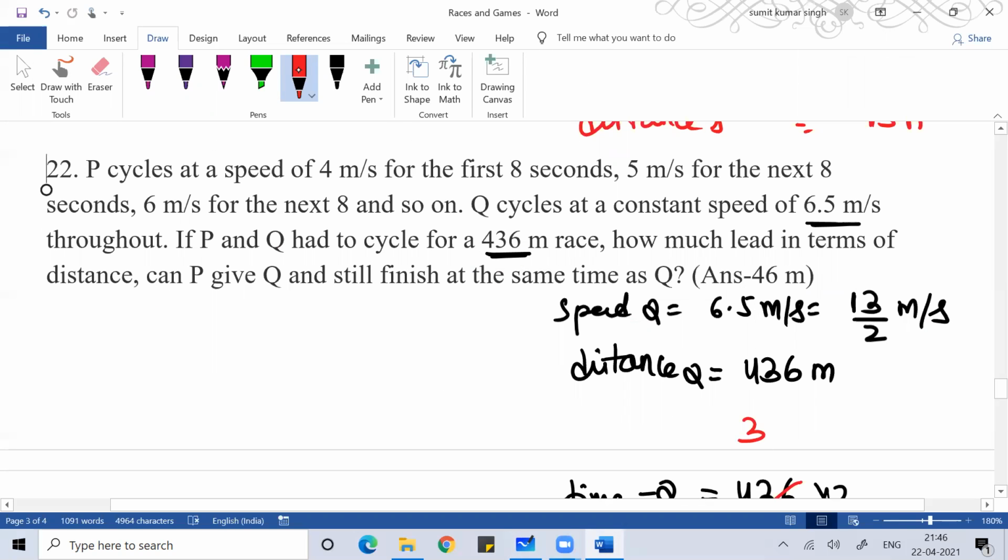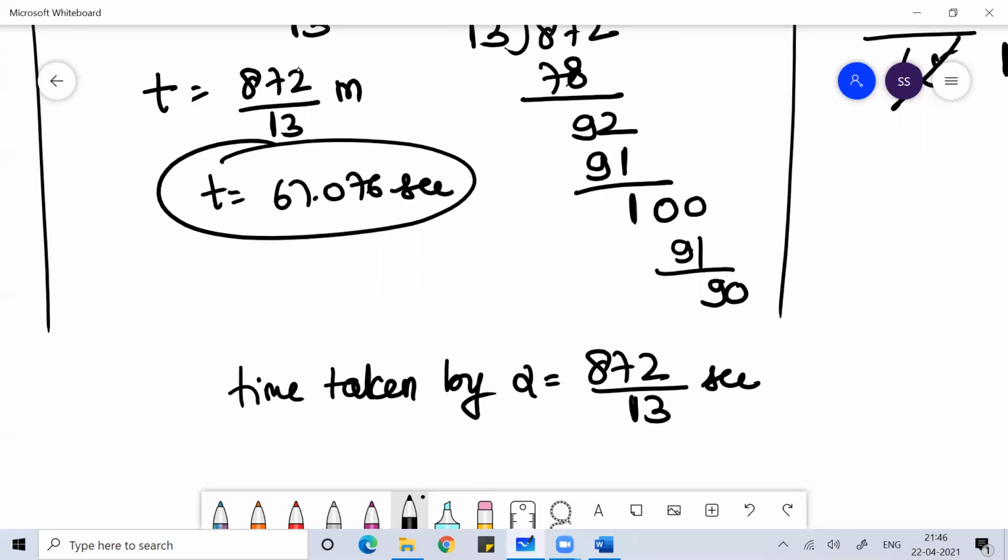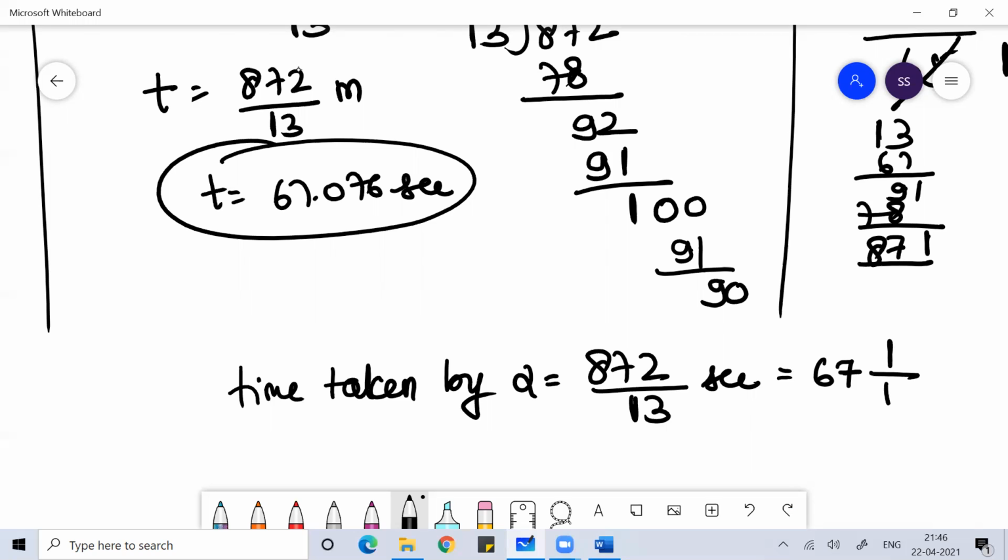So in the same time, that is around 67, that is around 67 1 by 13 seconds. So it is around this much, 67 1 by 13 seconds. This is the time.